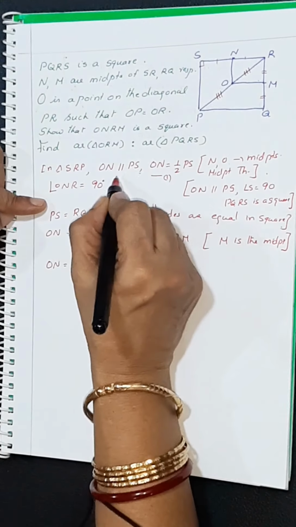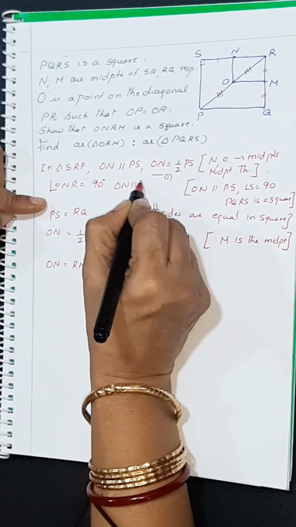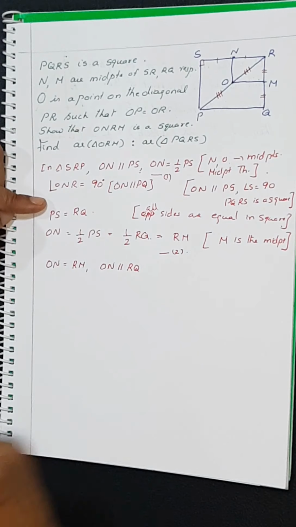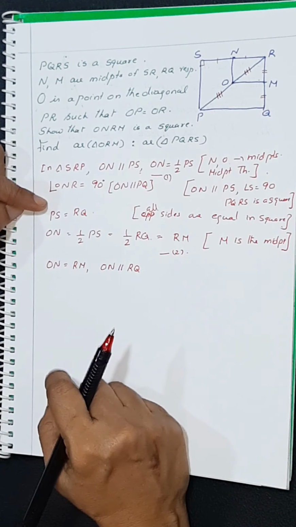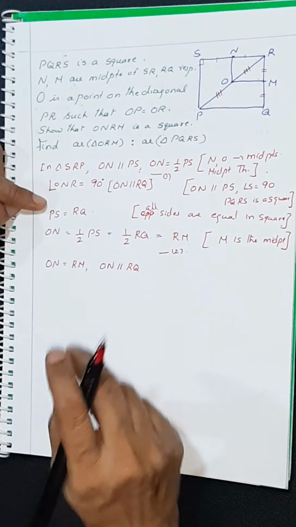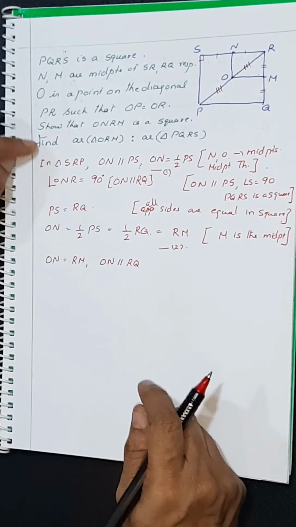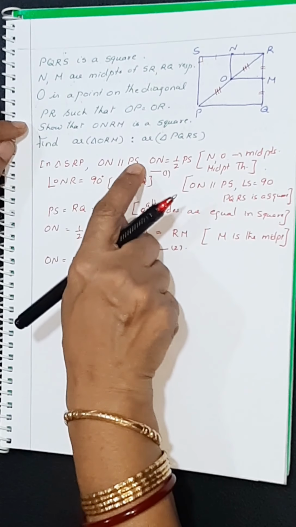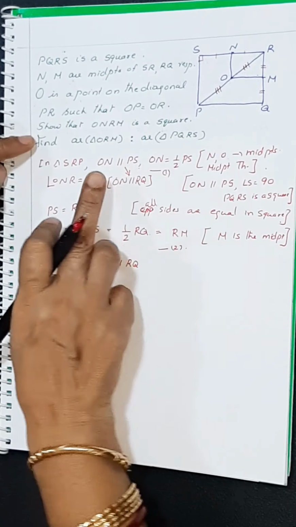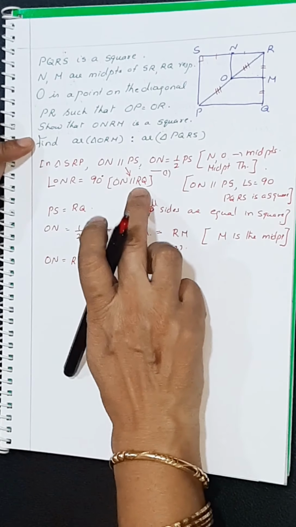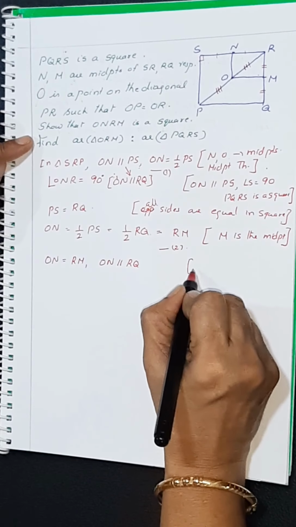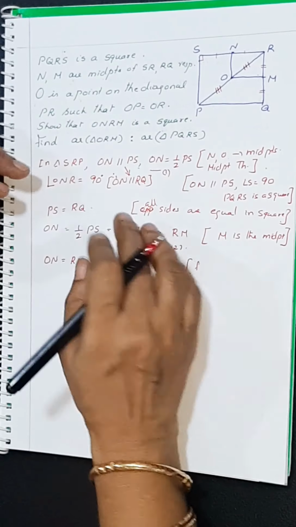Not PQ, RQ, sorry. So ON is parallel to PS and therefore ON is parallel to RQ. When you write this down, write it neatly.